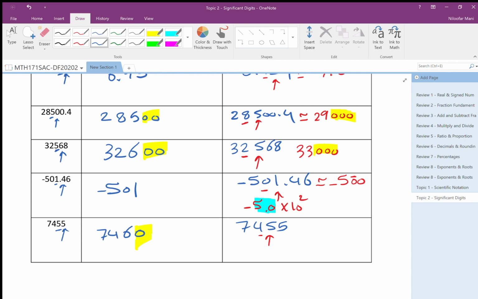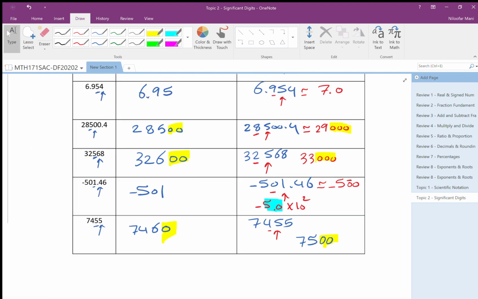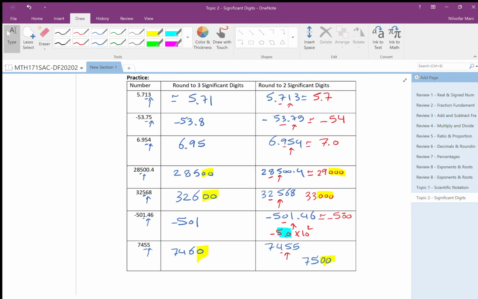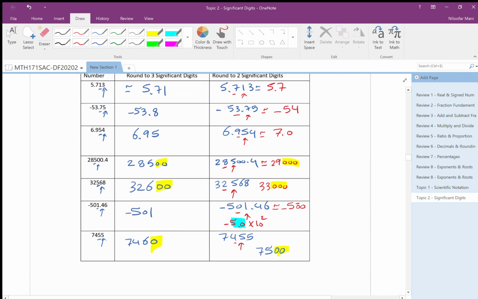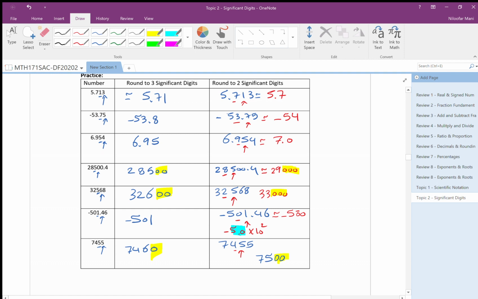So 7575, because that's 5, yeah, 7500. Okay, so let me see if I have everything included that I need. Okay, yes, that's all the colors and everything is okay.